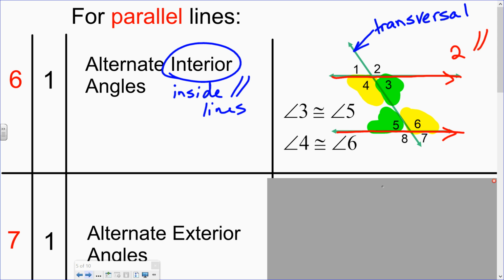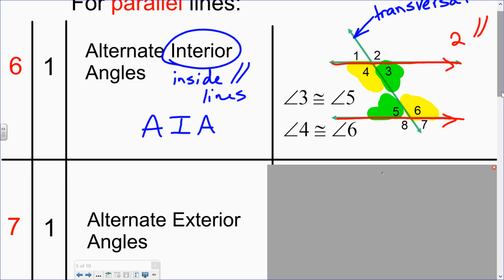So 3 and 5 are alternate interiors. 4 and 6 are alternate interiors. They're inside. The alternate means 3 is by one of the parallel lines, and in this case on the right of the transversal, and 5's by the other parallel line and on the left of the transversal. And you may abbreviate in a proof alternate interior angles, AIA.